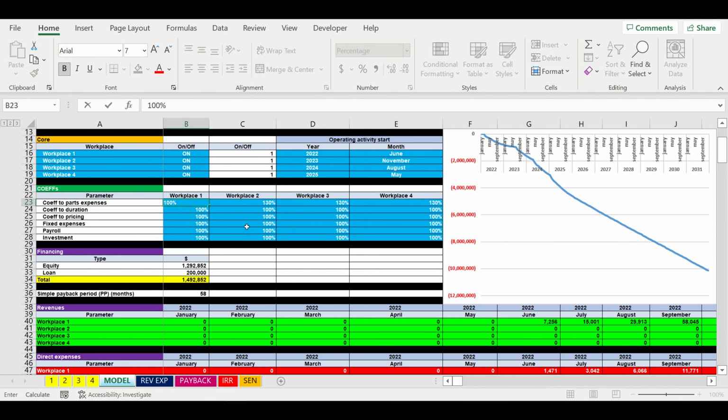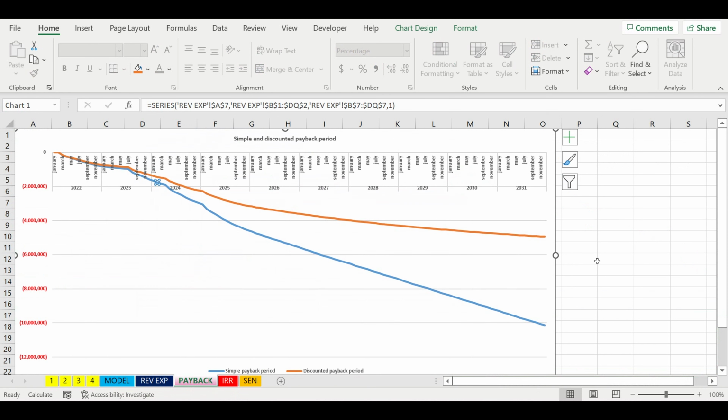So using all these coefficients allows us to play with this huge model very quickly, creating different scenarios, to see how flexible our business idea is, what the strength points are, what the weaknesses are.